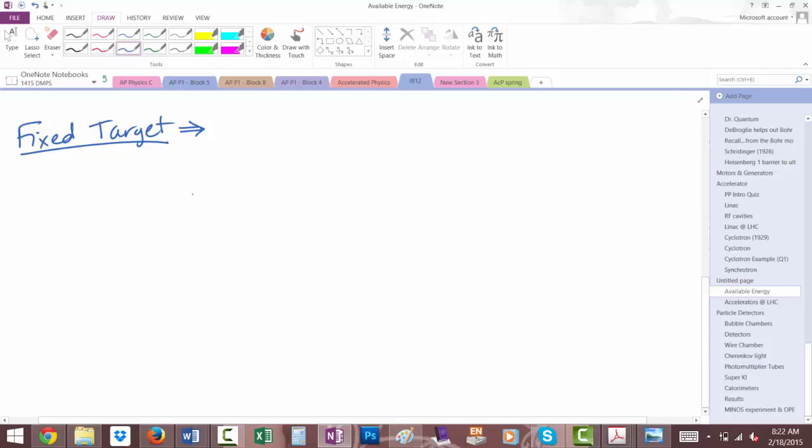This is the available energy expression: E sub A squared, where E sub A is the available energy, is equal to 2mc squared times E. M, a capital M, is the mass of the target.